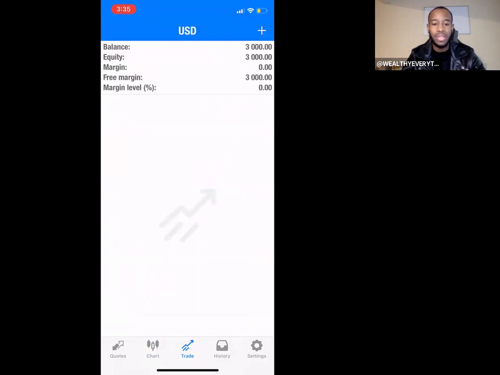And we'll demonstrate that in a second when I place a trade. Your margin is going to basically help tell you how much you can afford to continue to place on trades. And free margin and margin level percentage are all just a different breakdown of that same thing.